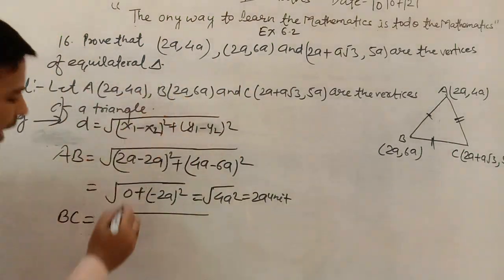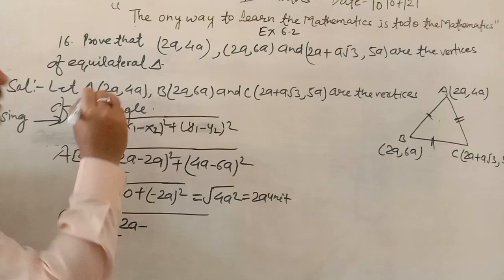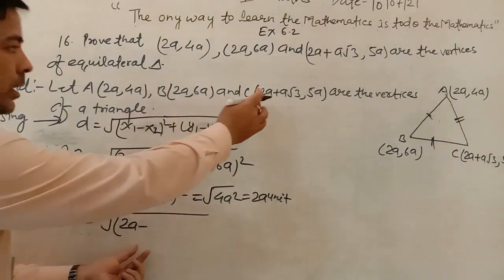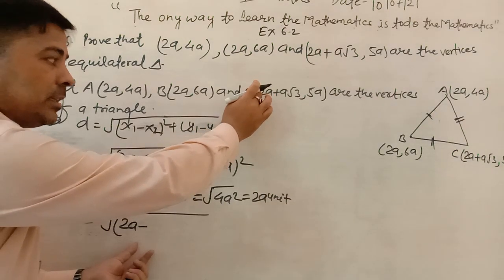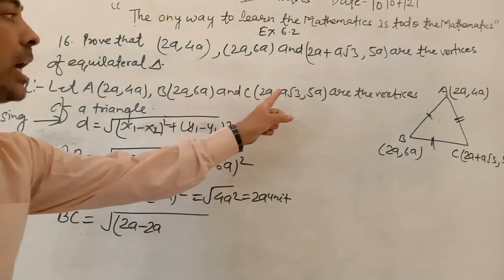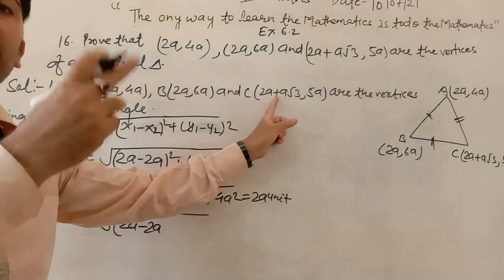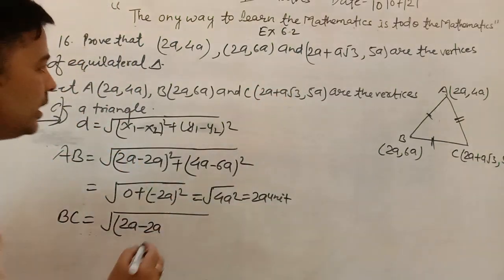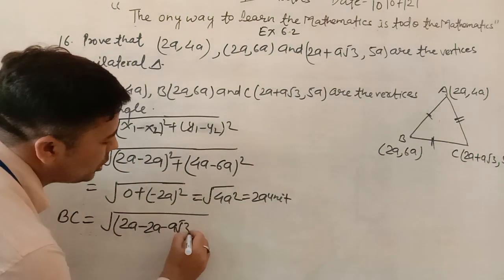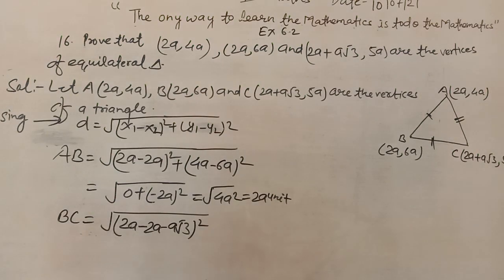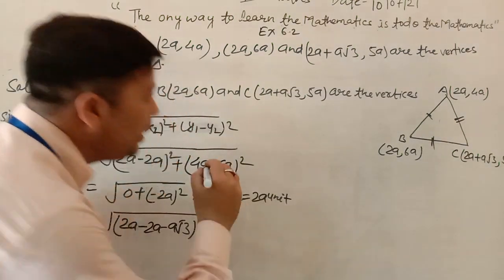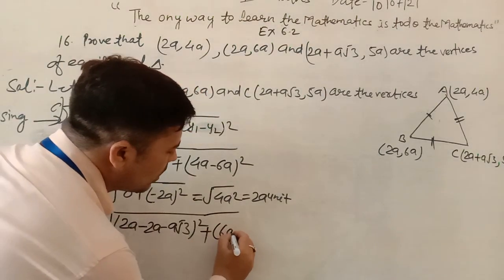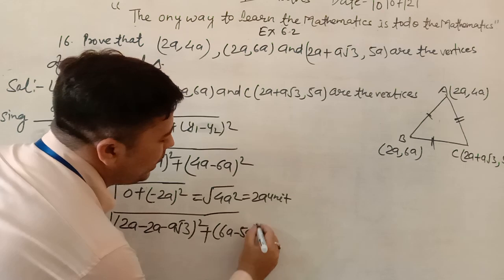So it becomes 2a minus x2. If you are taking the minus, then this one is minus 2a and it also becomes minus a√3, because plus minus gives you minus. So be focused on this point. This is (minus a√3) whole square plus (y1 minus y2) whole square. y1 is equal to 6a and y2 is equal to 5a whole square.